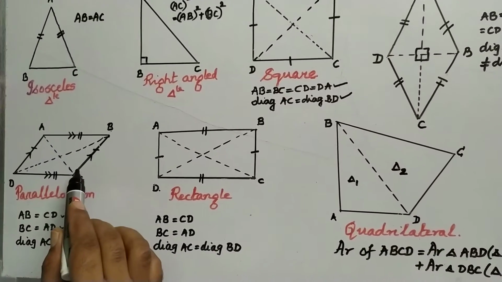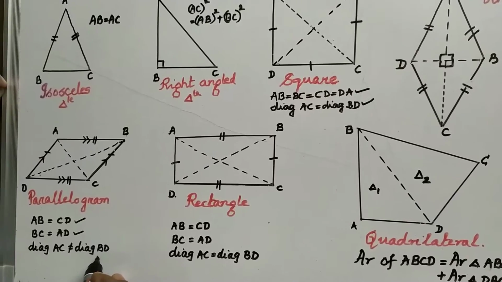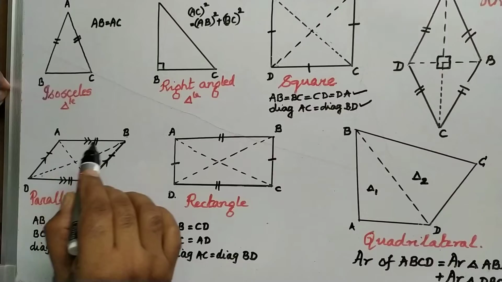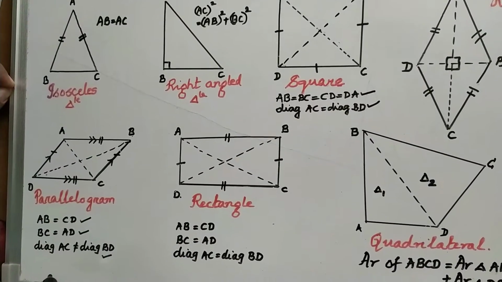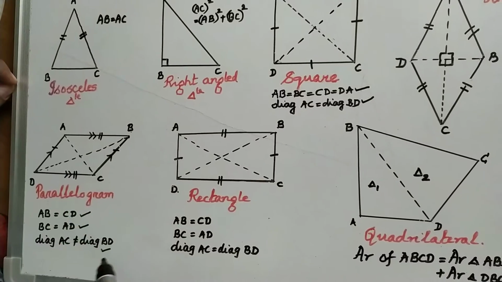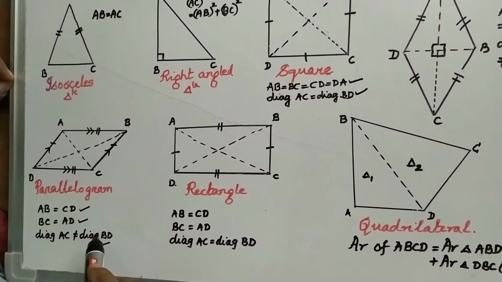The opposite sides are equal and the diagonals are unequal. Diagonal AC is not equal to diagonal BD. If you prove that, then the four vertices given are the vertices of a parallelogram.